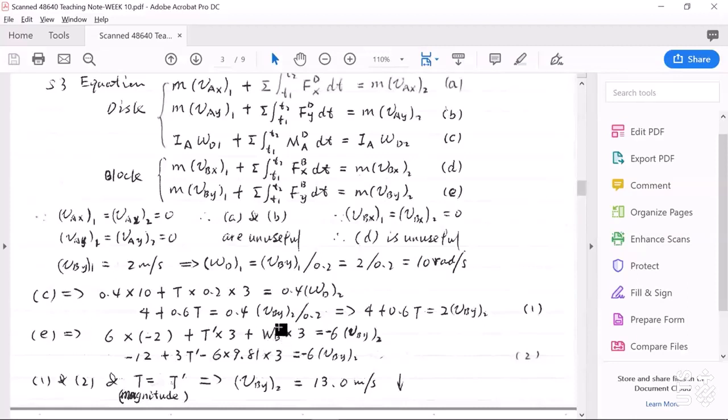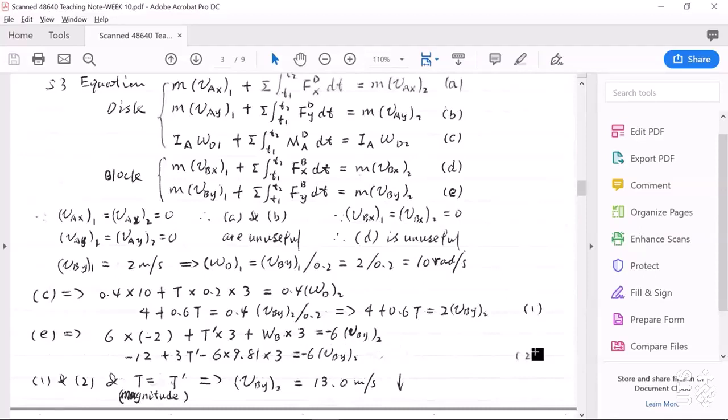For WB, it's downward, negative, so its linear impulse is negative. The initial momentum, because the velocity is downward at -2, is negative. The final momentum VBY2 is also downward, so this is negative.